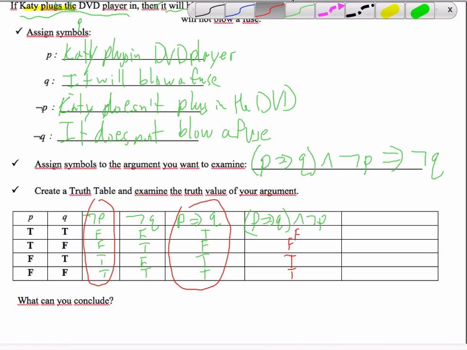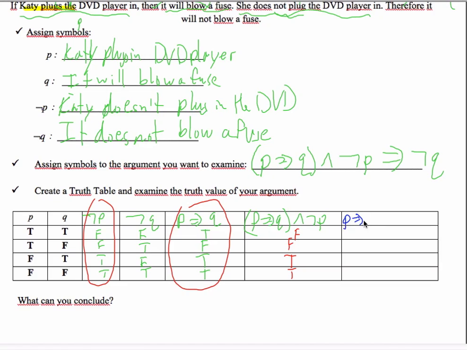Alright, so then let's look at the last column here. Then we're going to have P implies Q and not P, all that implies not Q. Okay, so it's implication. This is only false if the first thing is true and this one is false for the whole statement to be false.